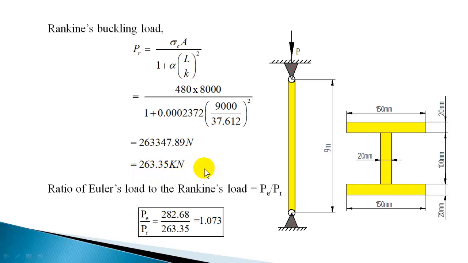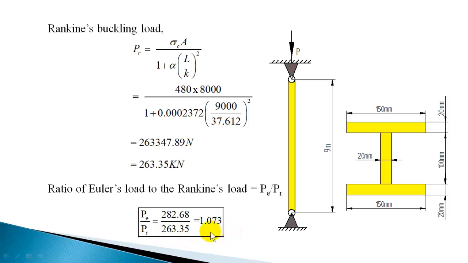Now these two values, the load given by Rankine's formula and the buckling load given by Euler's formula, are very close. If you take the ratio of Euler's load to Rankine's load, P by PR, you will get 282.68 divided by 263.35, or 1.073.